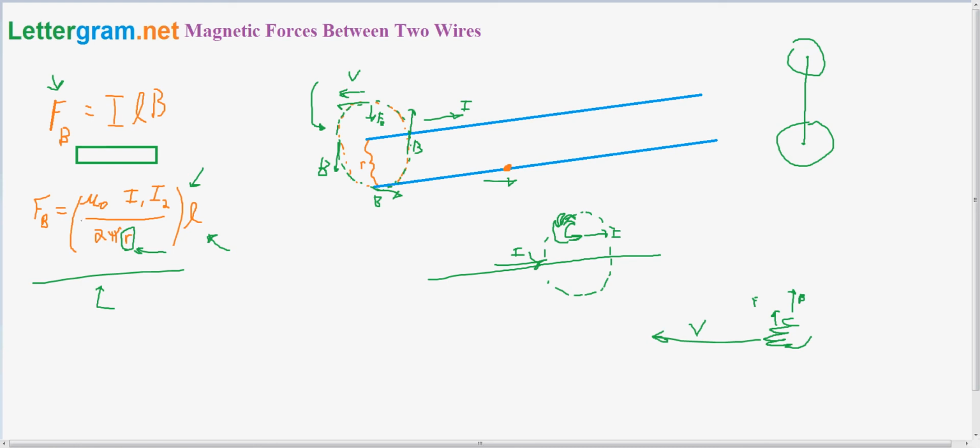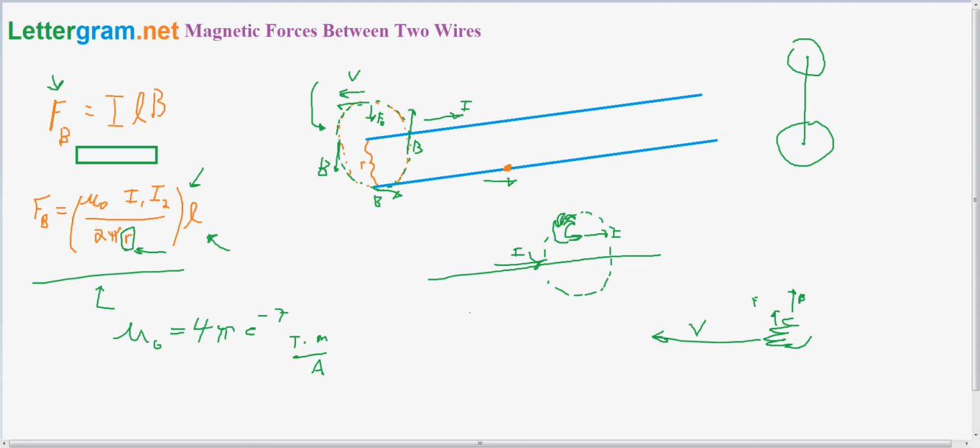I'll go over mu naught, which is the permeability of free space. And that is equal to 4 pi e to the negative 7th teslas meter per amp.